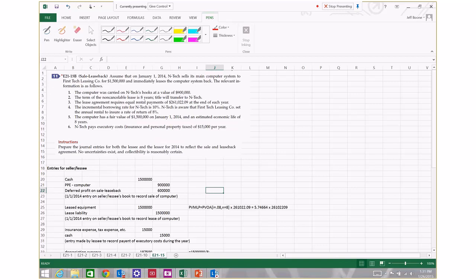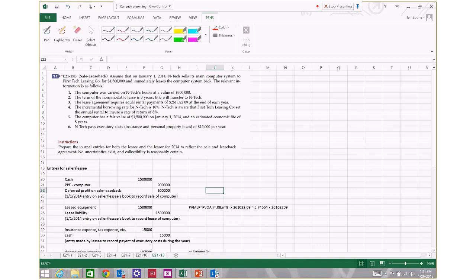This is done for a couple of reasons. One, for tax reasons, and secondly, for financing purposes. It might allow the seller/lessee of the property to get access to the cash value of the property while still continuing to use the property. So here's the facts of the problem.